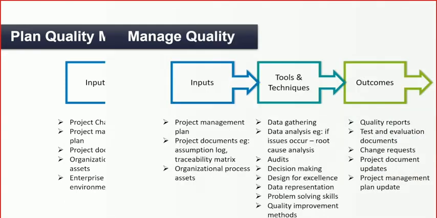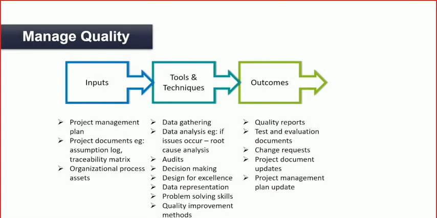Further, manage quality. The third aspect is to manage quality. The inputs are the project management plan, project documents, for example exemption logs or traceability matrix, and lastly the organizational process assets.